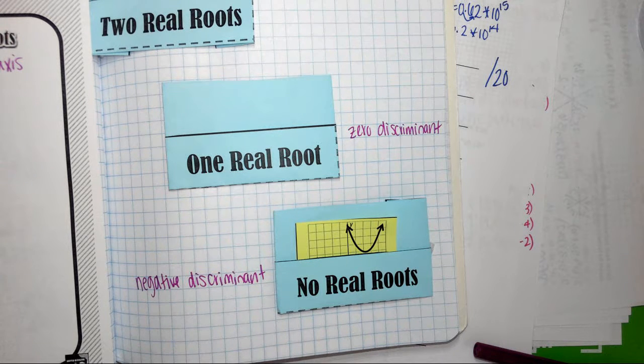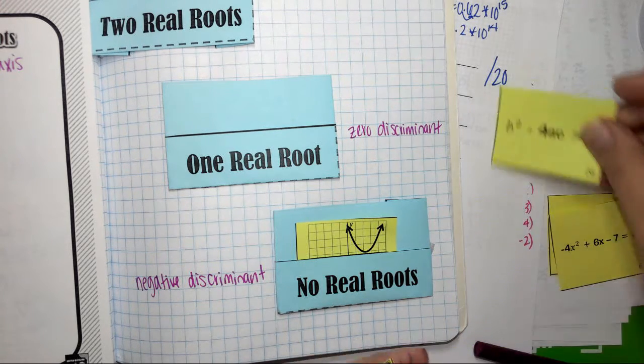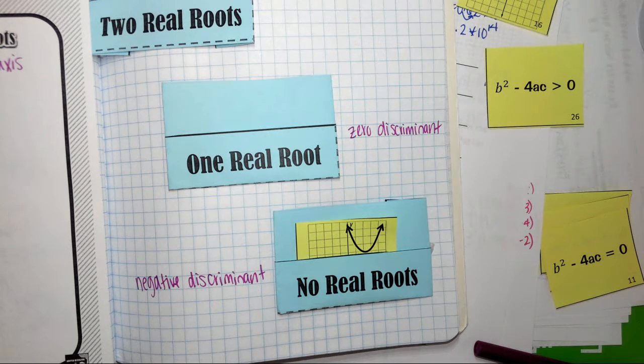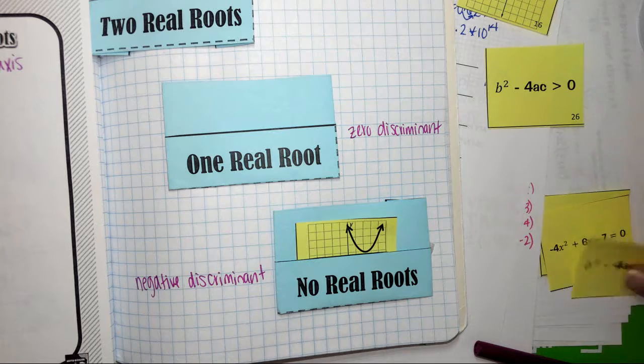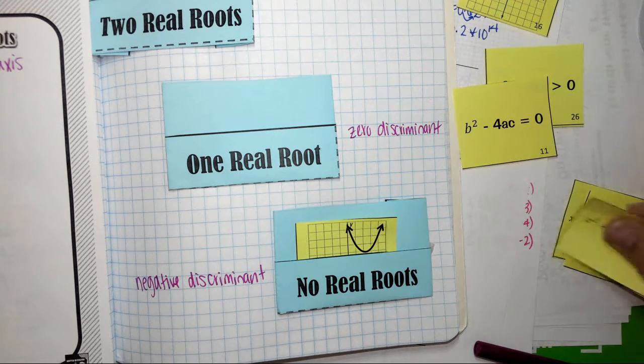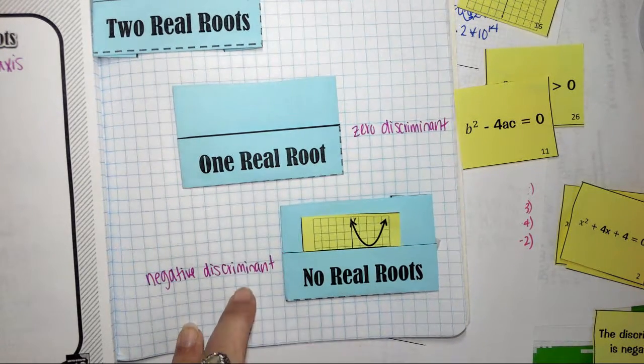The question was, what kind of discriminant does number 1 have? What pocket did I put it in? Okay, so what kind of discriminant does it have? What did we write beside it? A negative discriminant.